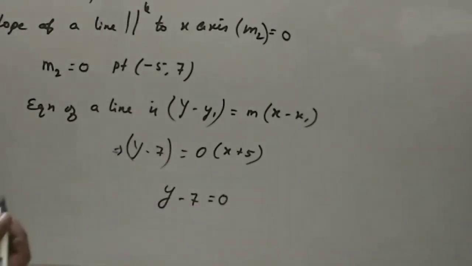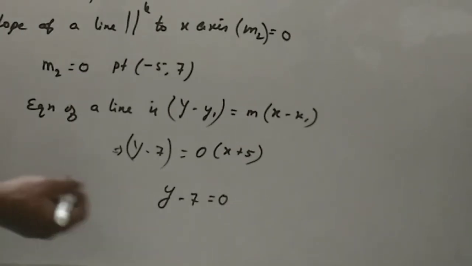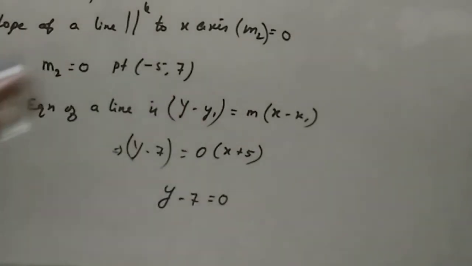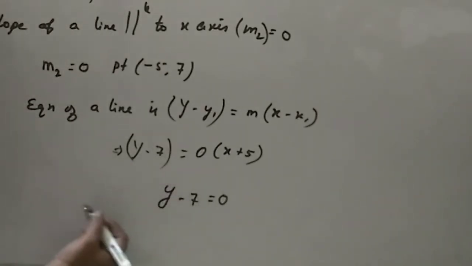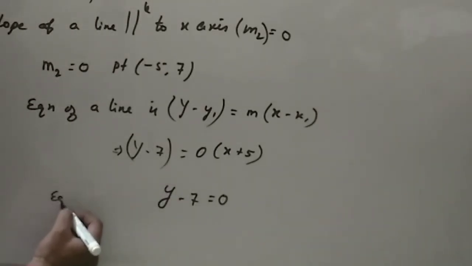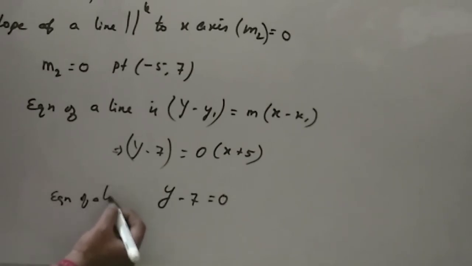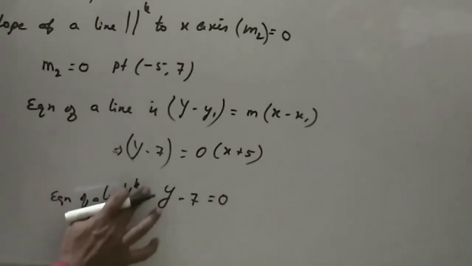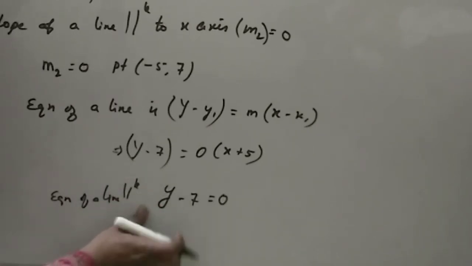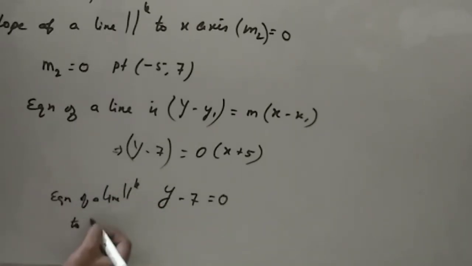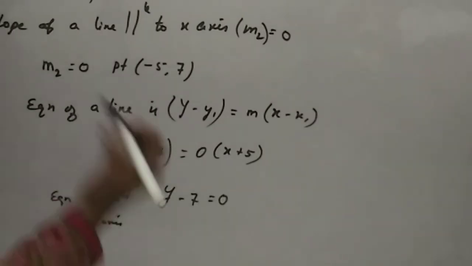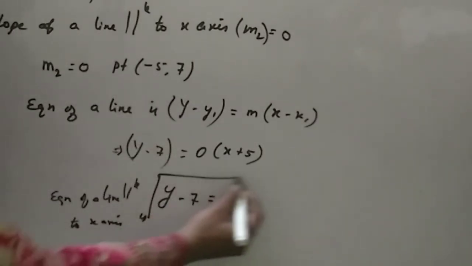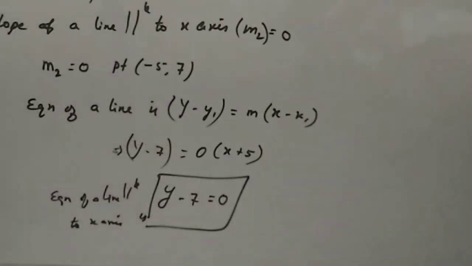So the equation of a line parallel to the x-axis is y minus 7 is equal to 0.